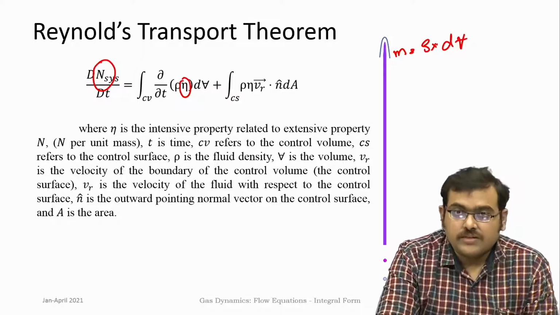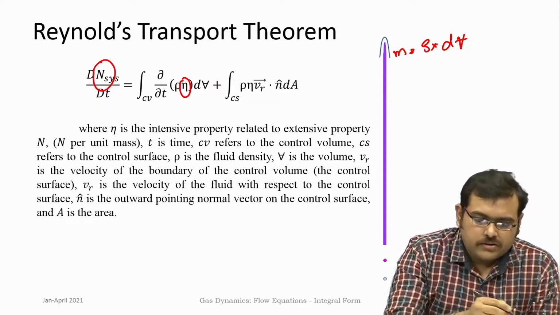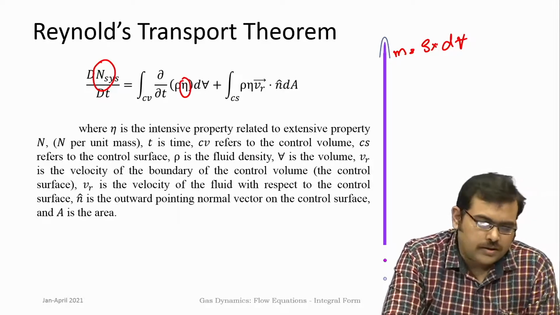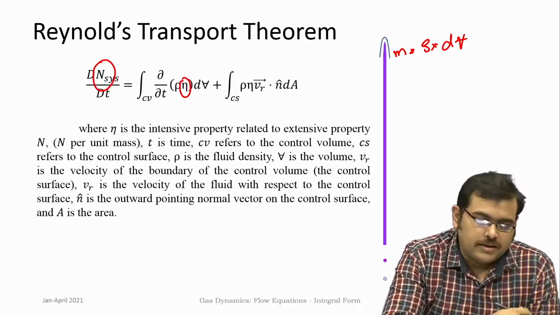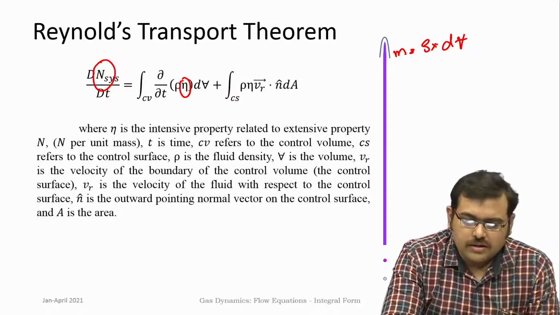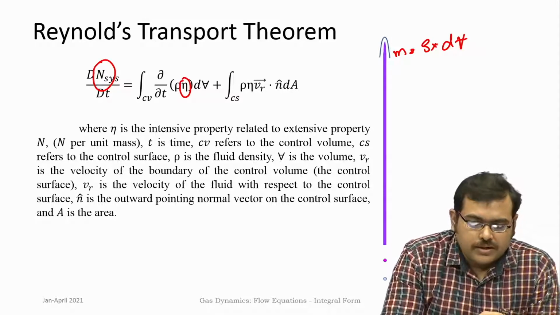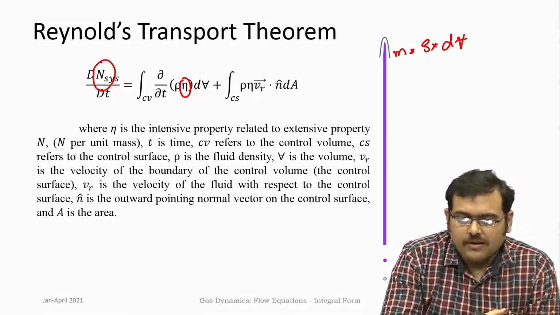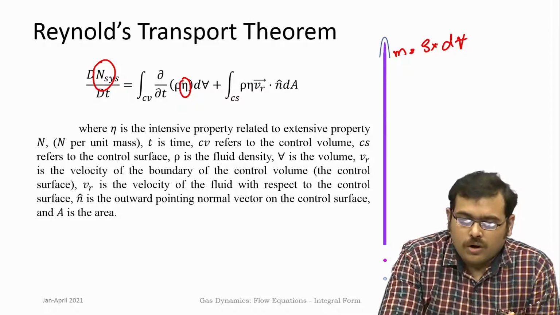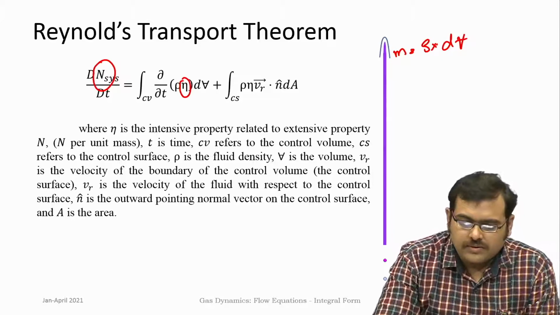This is multiplied by any intensive property. The rate of change of that property with time, the total change within the system, happens due to two things. One is the change of the property within the control volume itself, or the inflow and outflow of these properties as the flow passes through the control surfaces.